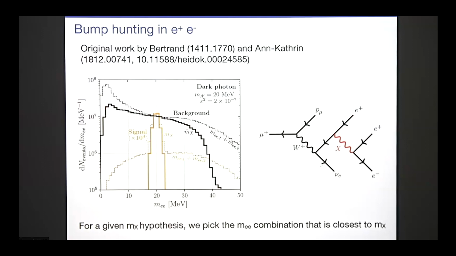It slightly sculpts the background, of course, but within the mass resolution where you're looking for a peak, it's essentially identical to just adding them. So we think this is probably safe to do. And it gives us some additional advantages to identify which is the most likely positron that comes from the resonance.